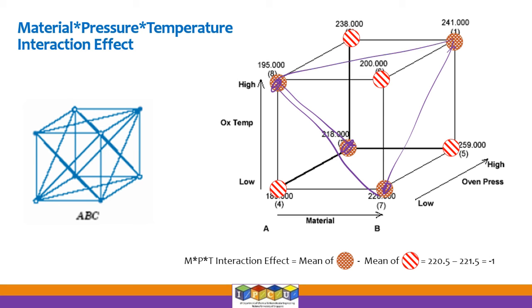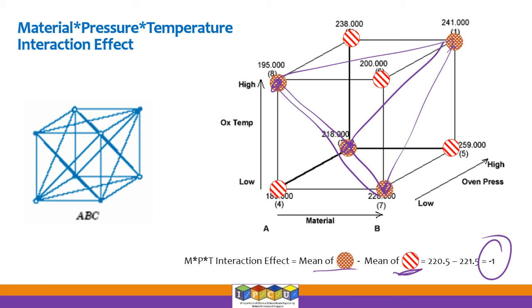This forms a tetrahedron. So that's the tetrahedron with a positive for MPT. M times P times T is positive, and there is the other tetrahedron where M times P times T is negative. So you take the average of the readings corresponding to the vertices of that tetrahedron, and then you would get the effect of MPT interaction. So that comes out to be -1 here.